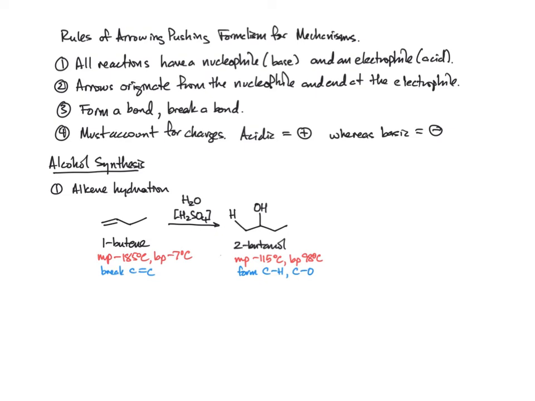How do we go about doing that? We have an acid here. We know that's the acid. It's supplying a hydrogen. This has to be a base. The electron pair of the pi bond is what is acting as the base.